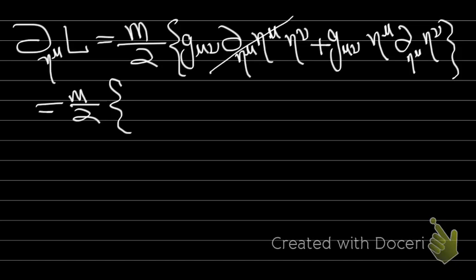Well, because that is simply partial over partial eta nu, and you have this eta nu, so they're the same things and they would just go to 1. So let's get rid of this. If those cancel, then g mu nu on eta nu would just replace your nu with mu and bring it down.